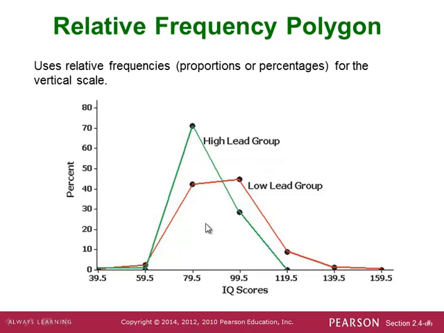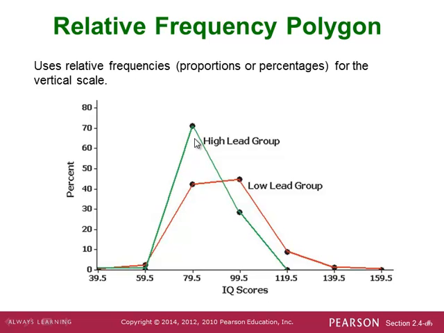Notice that there's a more marked peak for the high lead group that is probably lower than the average value for the low lead group. Basically, pointing us to at least tentatively conclude, with a little bit of uncertainty, that children who were exposed to low lead had less of a decline in their IQ compared to children who are exposed to high lead.